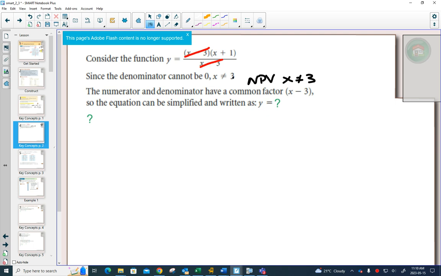When you have the exact same factor on the top and the bottom, and it simplifies, it becomes a hole. In fact, I'm going to write this equation here. It simplifies to just y equals x plus 1. And you will have a hole at the non-permissible value.